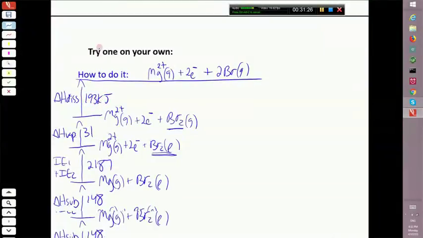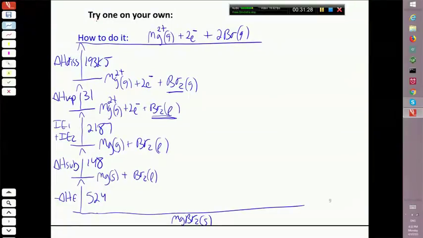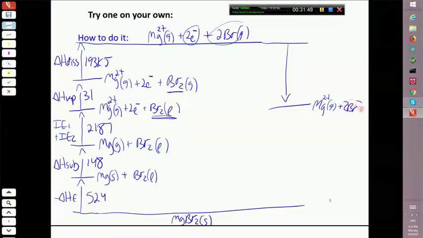So we've succeeded in breaking this up, and then the last step is we have to get the bromine into Br- anions. So this is going to be our electron affinity step here. We're going to take these 2 electrons and add them to the 2 bromines to make 2 Br- anions. So we've combined the electrons with the nonmetal to make the nonmetal anions.